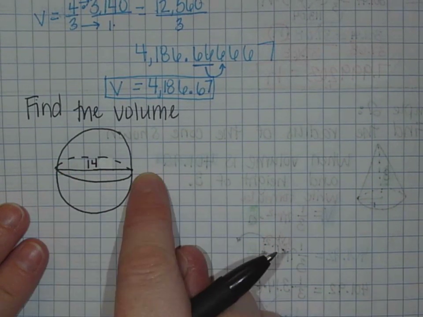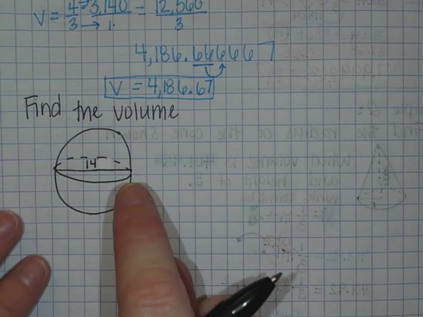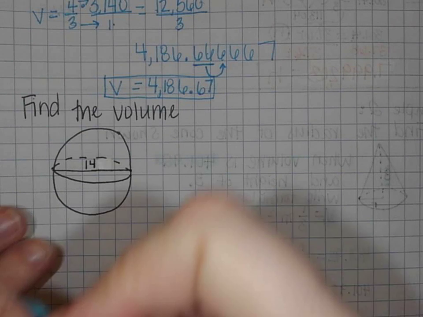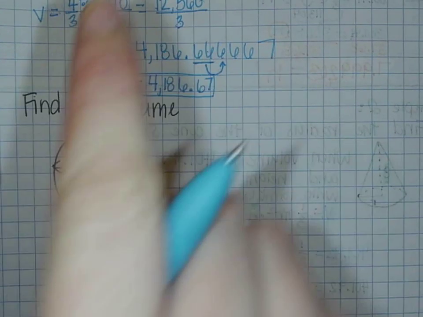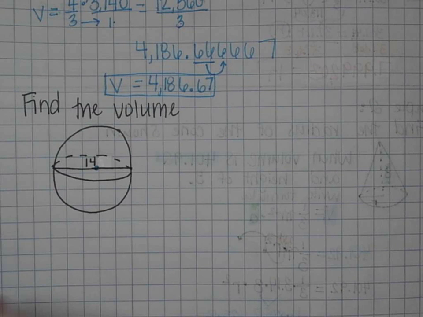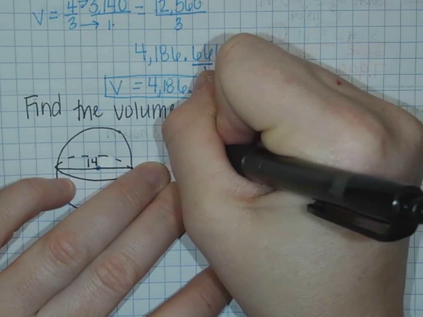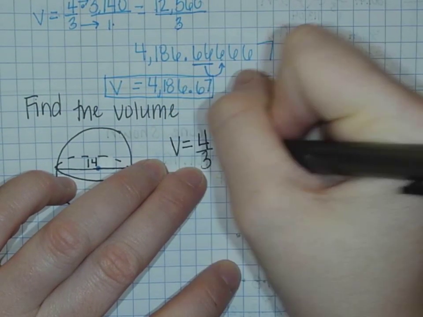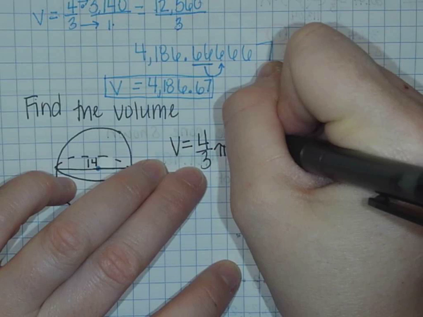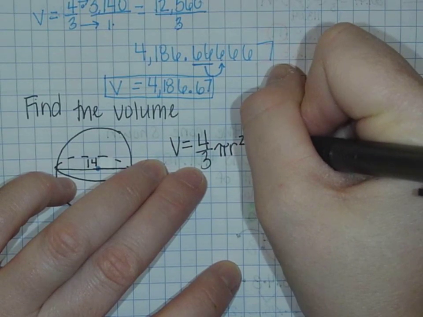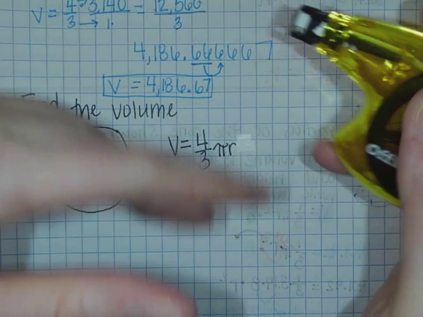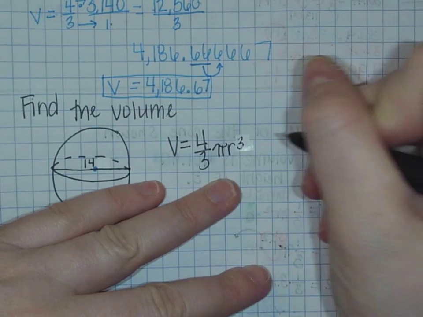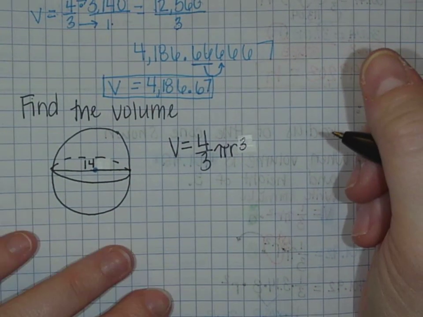So if all the way across is 14, you know that halfway is the radius. If you look at that formula, let me go ahead and write the formula, sorry. Volume equals 4/3 pi r squared times, not r squared, r cubed, silly me. So r cubed.